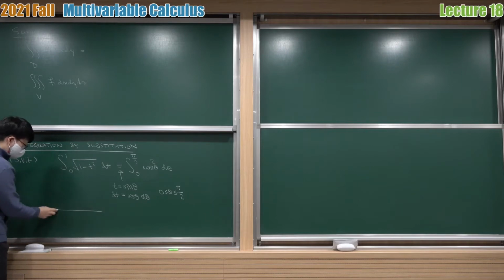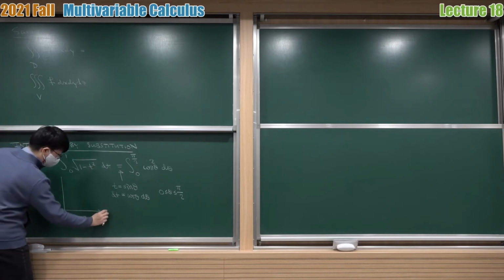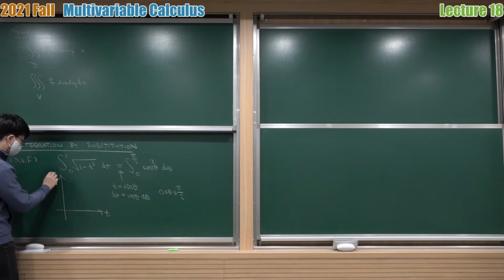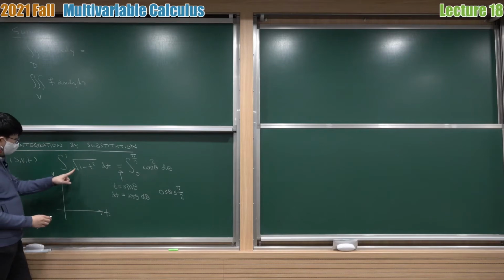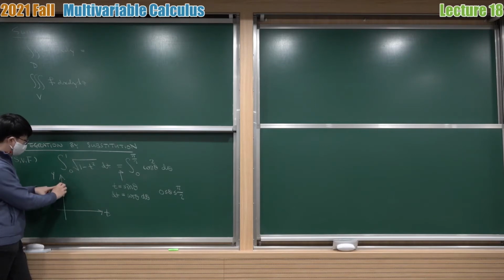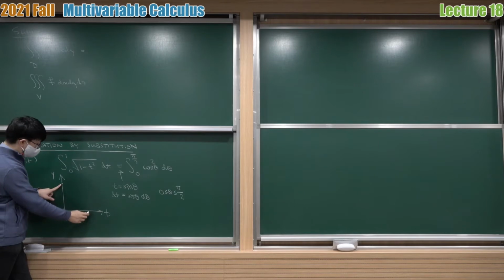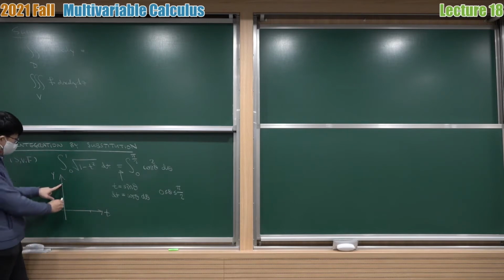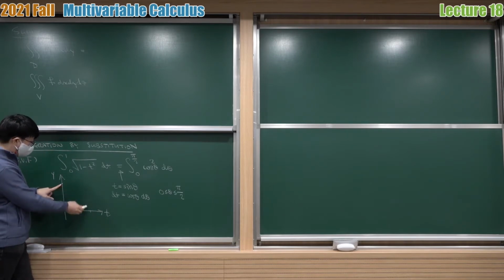If I draw that function of t, let's say y, for example, then it starts from 1, and then it ends at 0. And is it concave up or down?